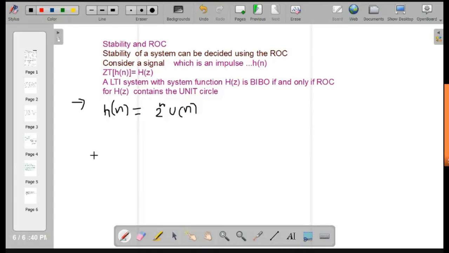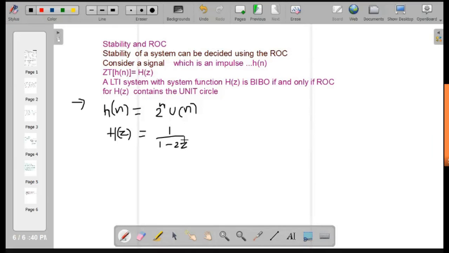So H of z is nothing but, because this is a causal infinite signal, simply 1 over 1 minus 2 z inverse. I need not go for all the calculations.